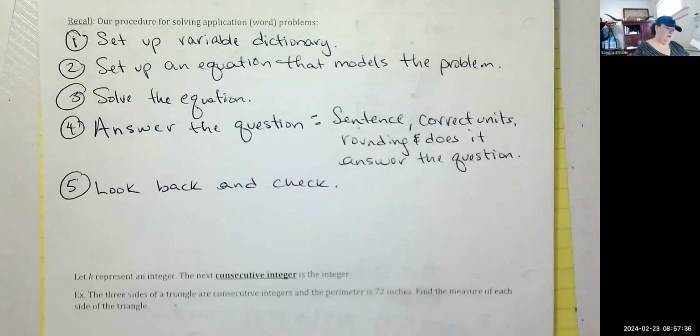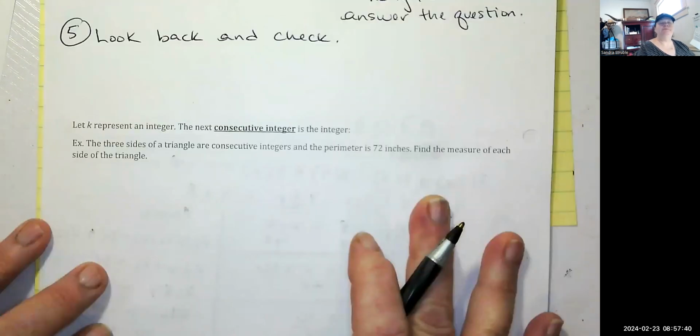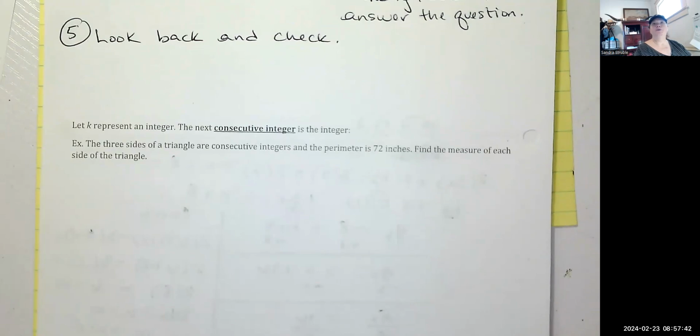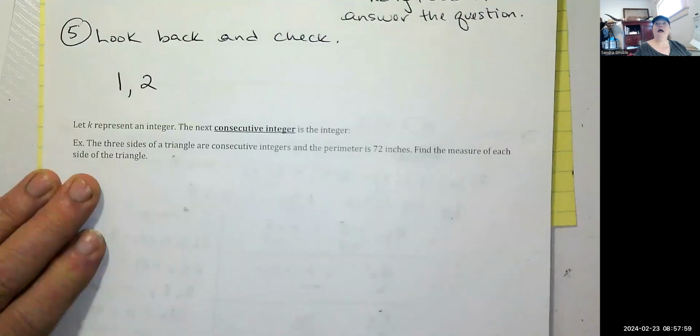All right. The next one, we're going to let k represent an integer. So what is the next consecutive integer? Say the number is 1. What's the next consecutive number after 1? It's 2. How do we get from 1 to 2?